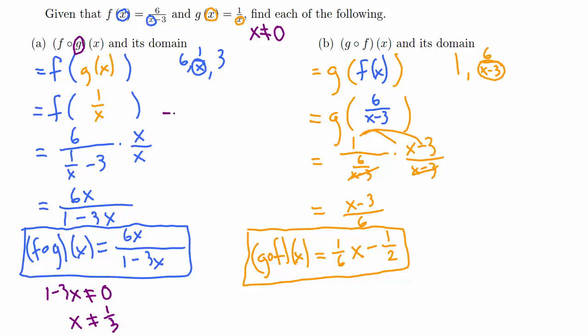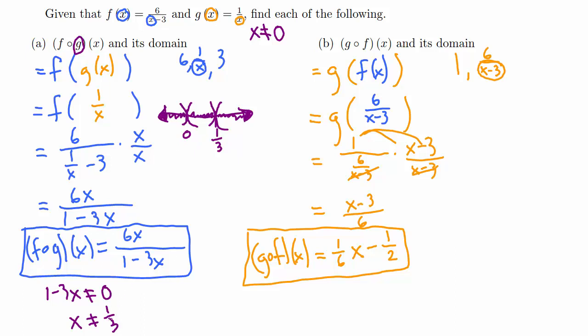Now notice that on the number line, I can't have 0 and I can't have 1/3. But I can have everything to the left of 0, excluding 0. I can have everything between 0 and 1/3, excluding 0 and 1/3. And I can have everything to the right of 1/3, excluding the 1/3.